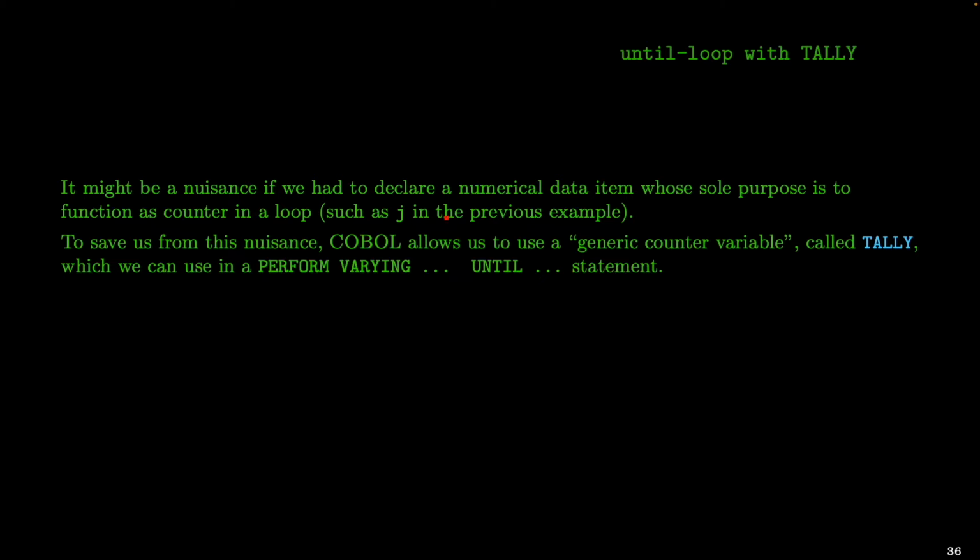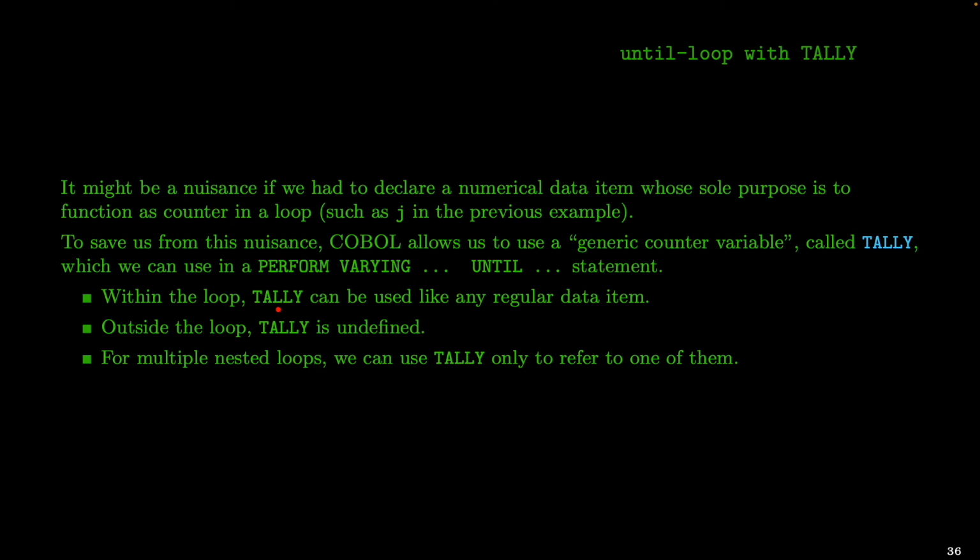So instead of using j or I in one of the previous examples, we could have just used the variable called tally. So you would write it in a way, perform varying tally from something by something else until the end condition. And you can use tally like a regular data item within the loop, and outside the loop tally is undefined.